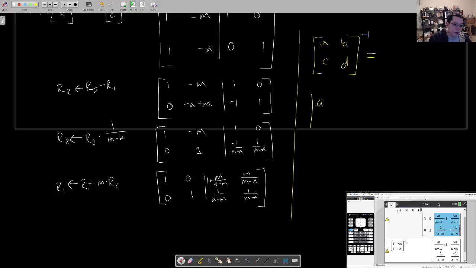So the determinant of A, B, C, D equals A times D minus B times C. I believe that's correct. Let me double check so I'm not lying to you.